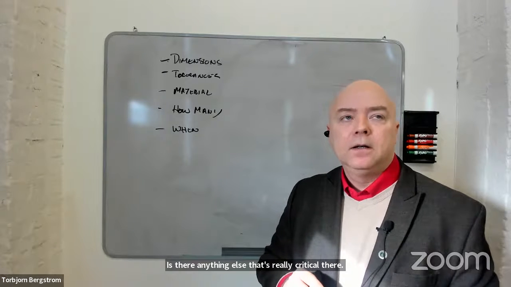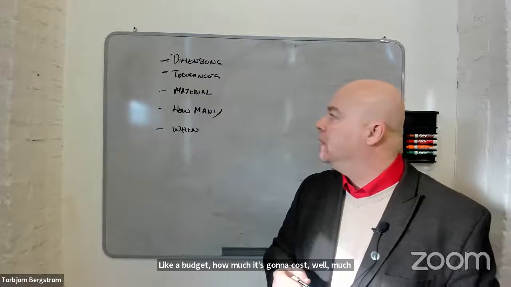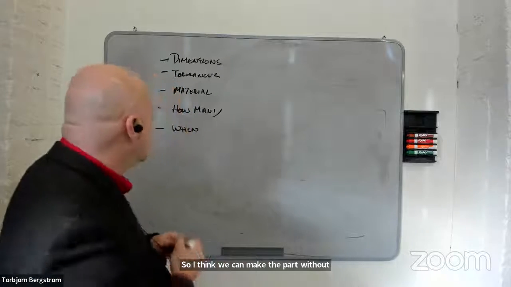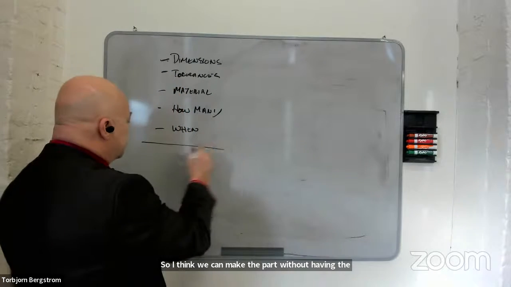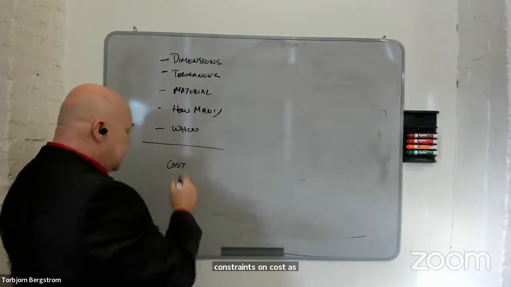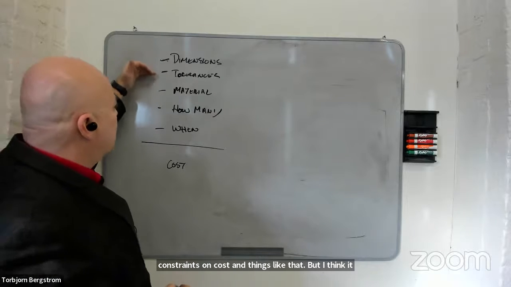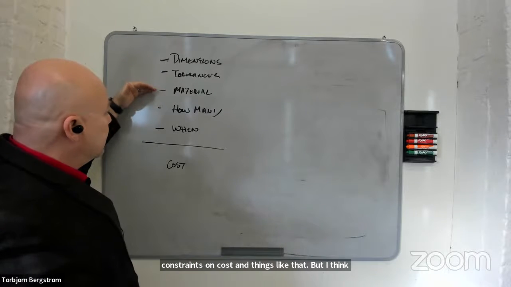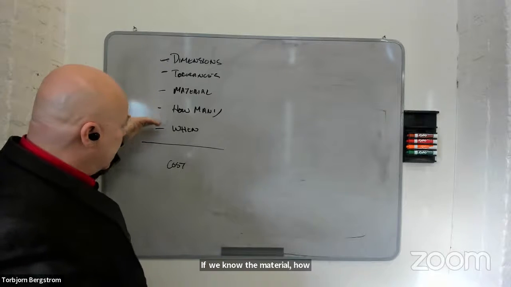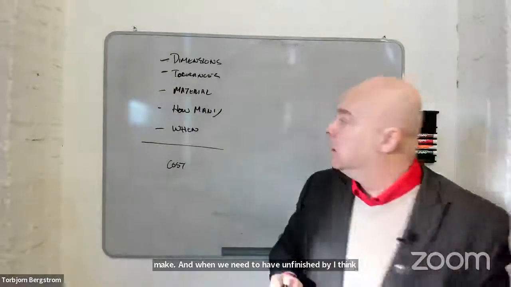Say again? Like a budget, like how much it's going to cost, how much the customer. So I think we can make the part without having the budget, but it could be useful. So there may be some constraints on cost and things like that. But I think if we have dimensions and tolerances, if we know the material, how many we're going to want to make, and when we need to have them finished by, I think that's enough information to get started.